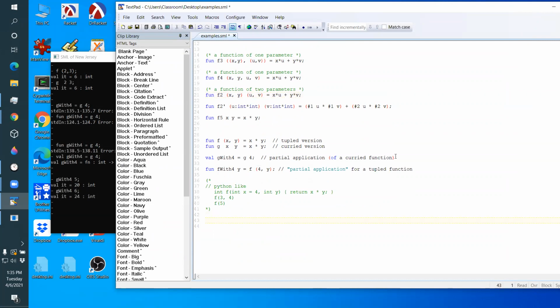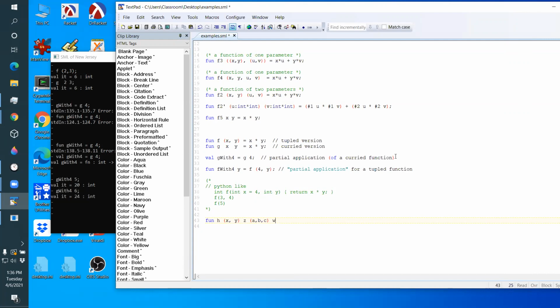I'll just do a function h, and it'll have a tuple, a number, and so on. There's a function of 4.